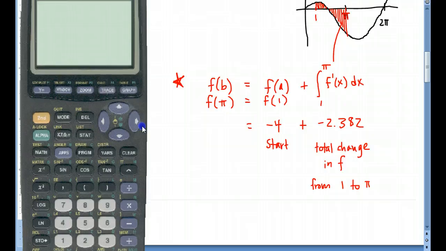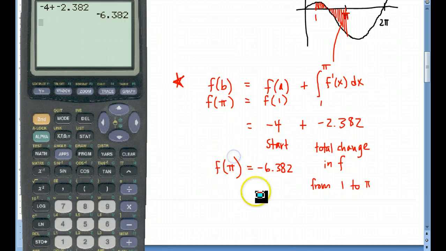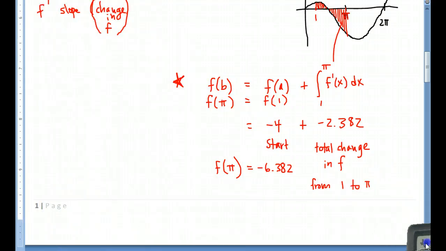Start at -4, add a negative change of 2.382, and that puts me at... so that means f of pi. It's not that bad. And again, this is where I end up, or this is the finish.